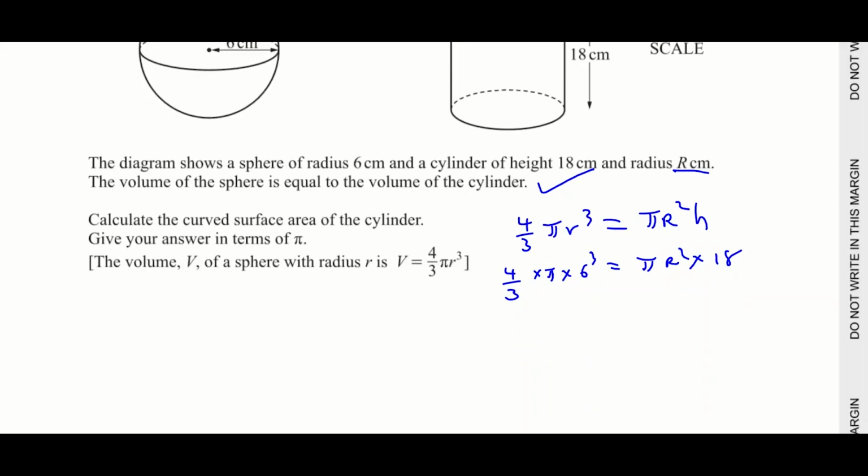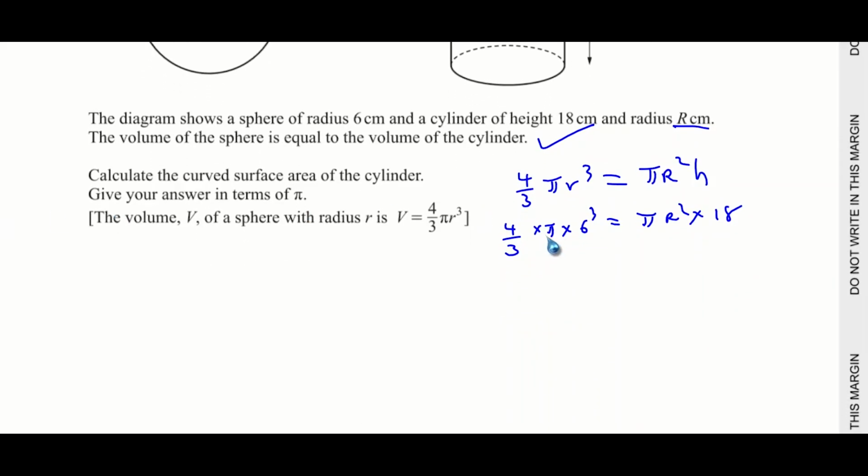So from here we cancel pi. Then we are left with 4 over 3 times 6 to the power of 3, which is 216, equals 18r squared.